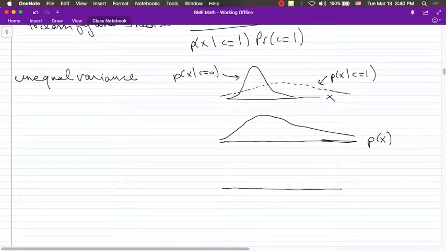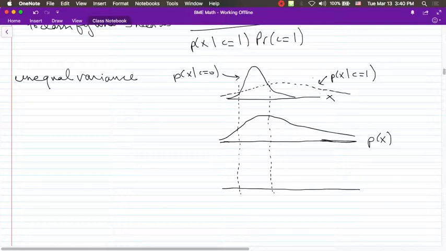All right, so now what about my posterior probabilities? Well, if you look at these places where the likelihoods cross, I want to plot now the posterior probability. Say the posterior probability of class 1.